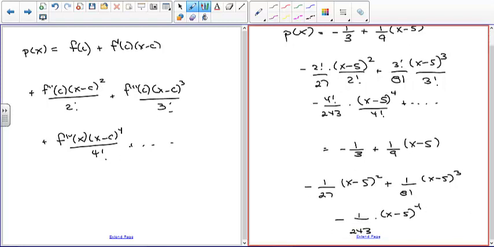So ultimately, what you end up with is this series: negative 1/3 plus 1/9 times x minus 5 minus 1 over 27 times x minus 5 squared plus 1 over 81. And you can see what this is. This is going to be 3 to the n plus 1 power.